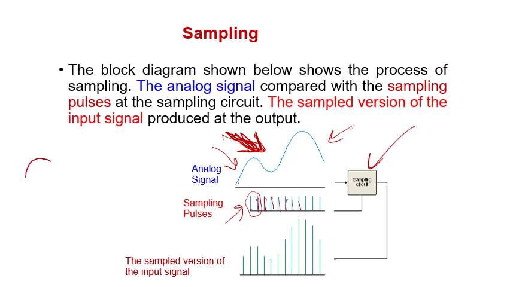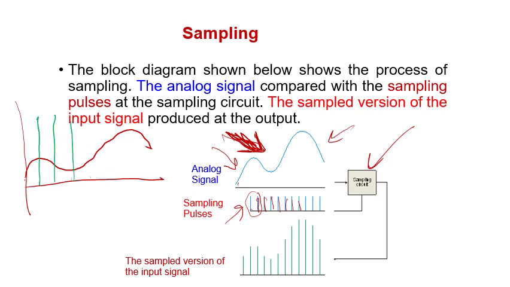So if this is the analog, I will put all the signals together on the same figure. If these are the discrete pulses, the sampling pulses, they are going to be compared with this signal in this circuit.